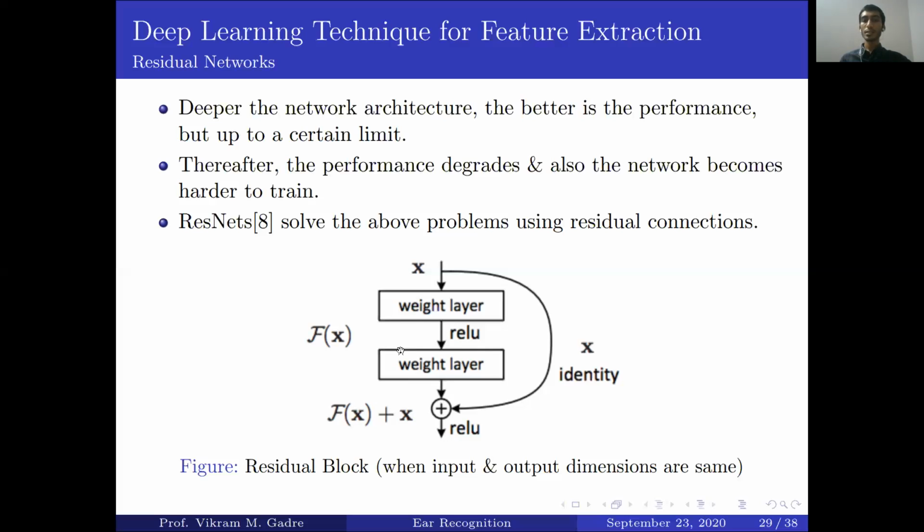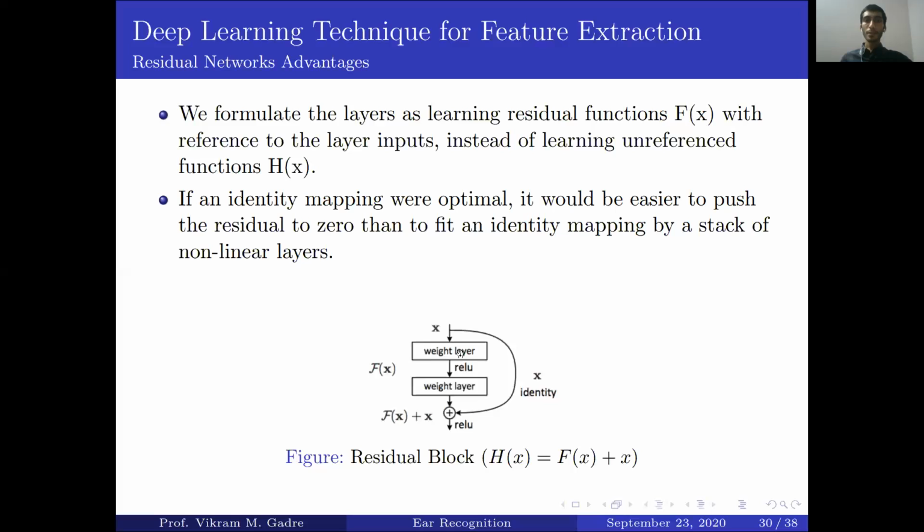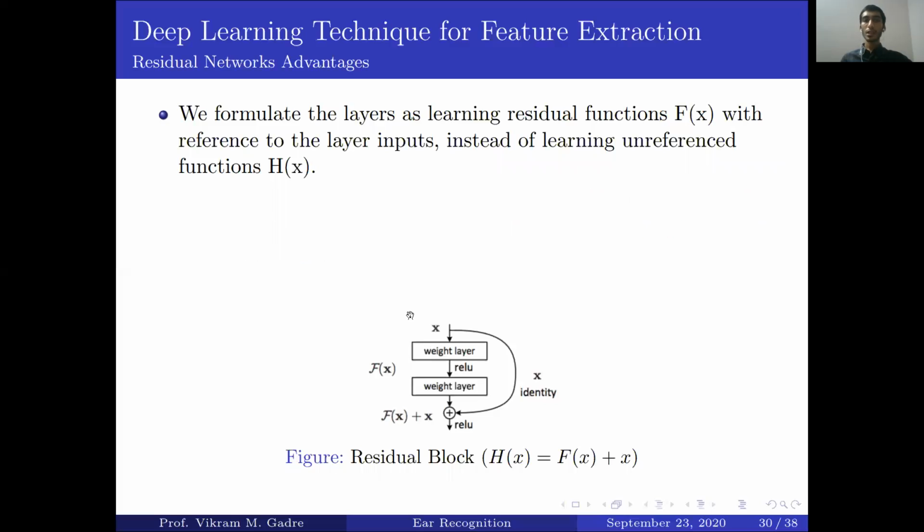So it basically becomes learning the residual function. How this solves the problem we come to next. As I have mentioned, we now formulate the layers as learning the residual function f of x instead of learning the entire function h of x.